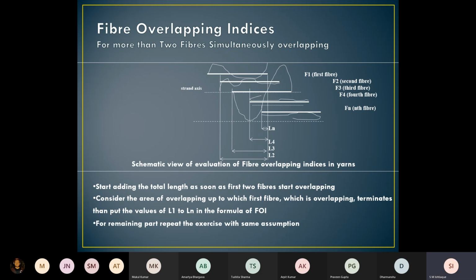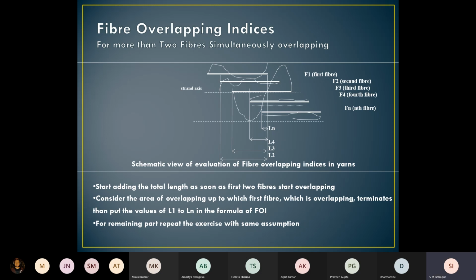In the same way, talk about this fiber 3, which has a different configuration. It is moving like this. Now you'll find the overlap length between fibers 1, 2, and 3, with respect to fiber 3, is this overlap length.